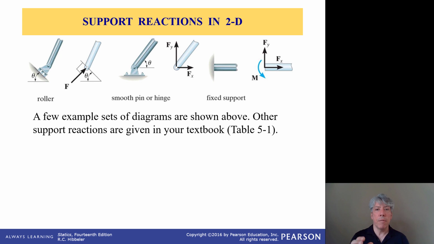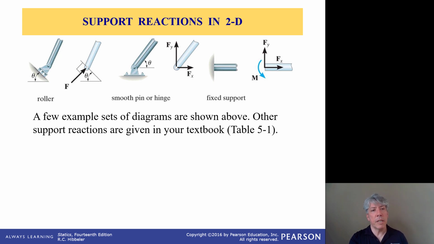But if you have an attachment that is fixed to a support, then not only can there be a force in the horizontal and vertical direction, there can also be a moment out of plane that tends to provide support for the body. And you see an example there with a simple support where there is rolling contact between the inclined plane and an extension of the body.